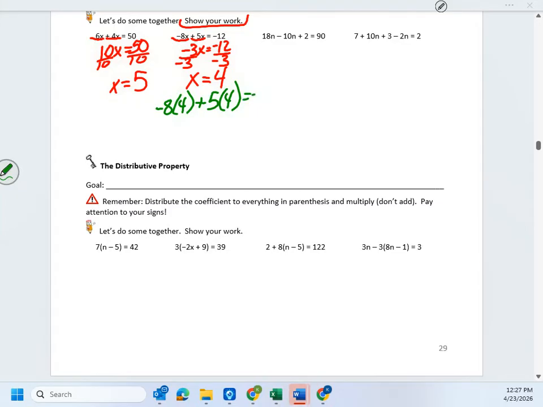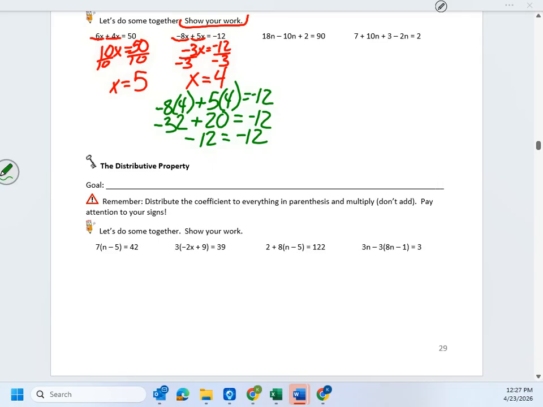And we can see, does it really equal negative 12? So negative 8 times 4 is negative 32. 5 times 4 is 20. Negative 32 plus 20 is negative 12. Oh, look at that. I did my math right, both sides balance. Negative 12 equals negative 12.